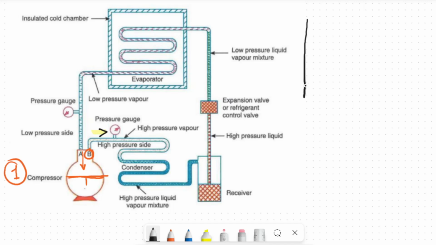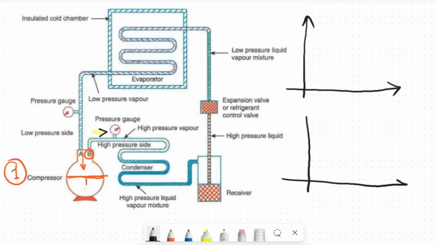So let us draw these processes on the pH and TS diagram. Let us see the processes on pH and TS diagram. So suppose this is pH and this is TS.